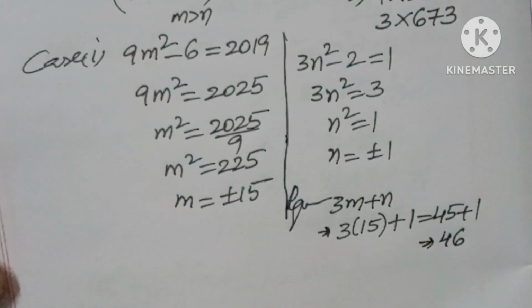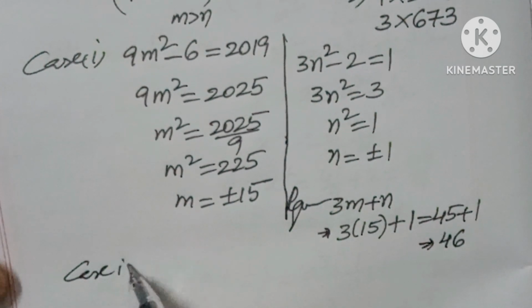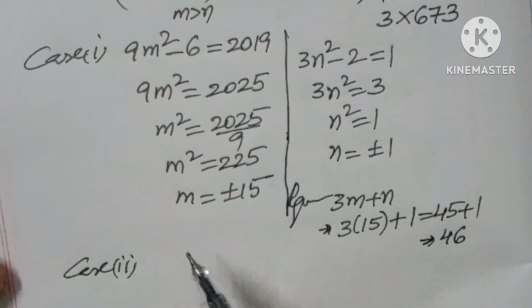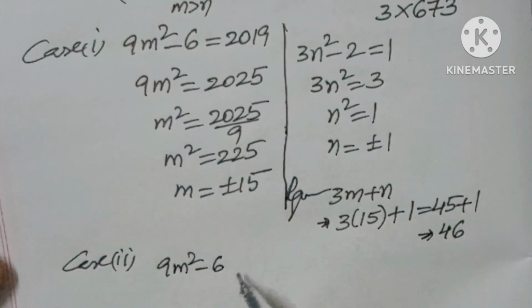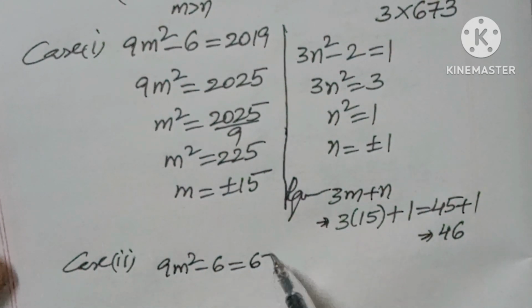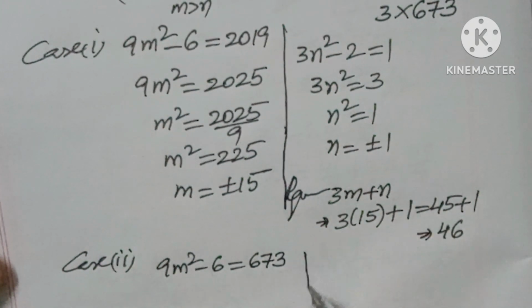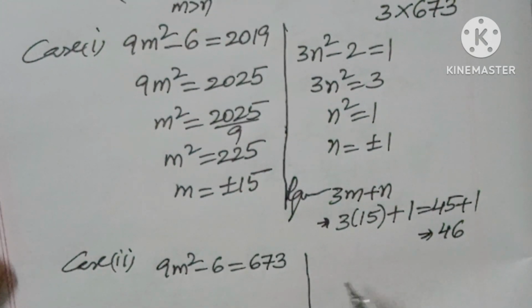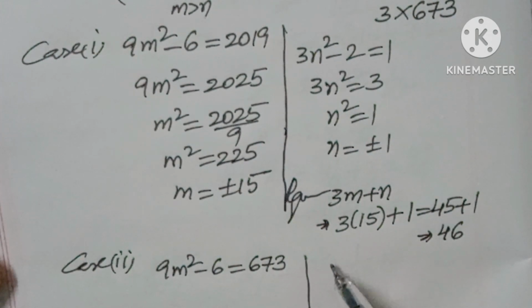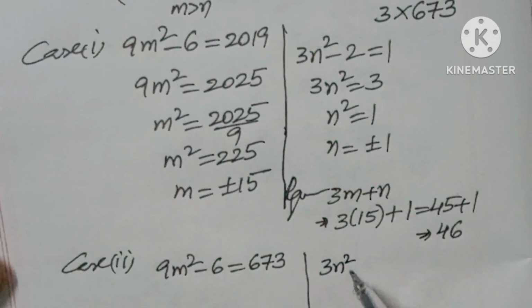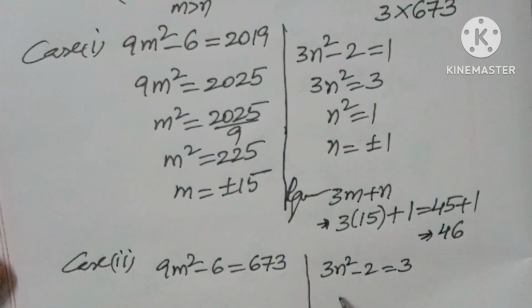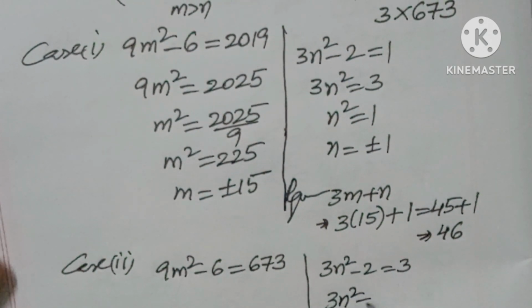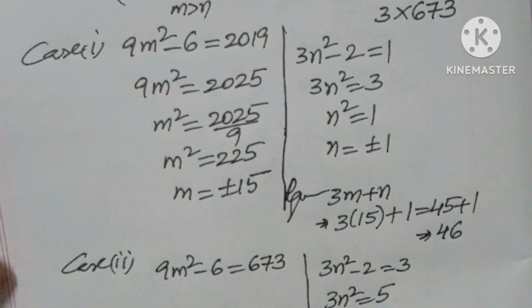So what about case 2? If you take second case, 9m squared minus 6 will be 673, and 3n squared minus 2 will be 3. So if you take here 3n squared is equal to 5, n squared is 5 by 3.